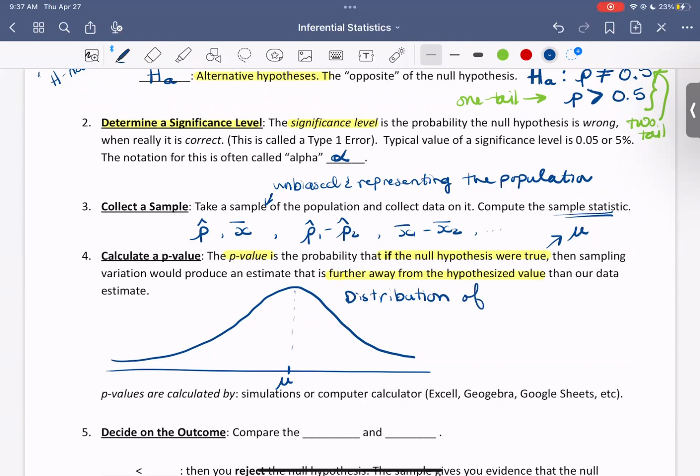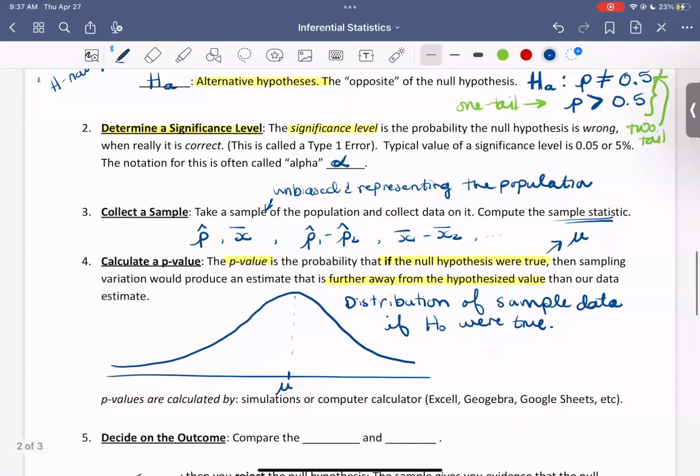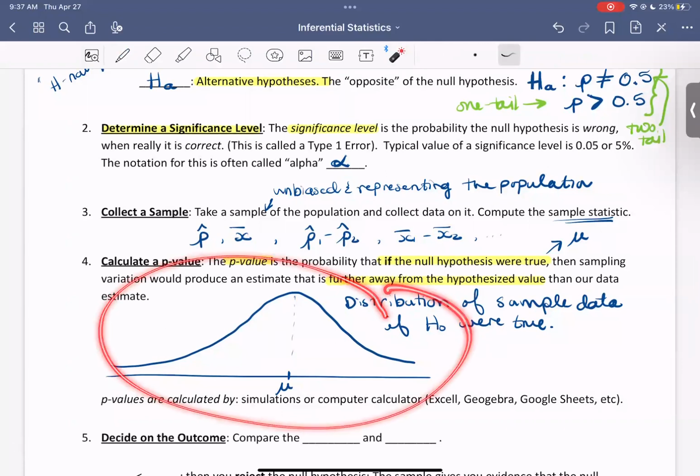This is a distribution of sample data if H0 were true. So we can actually draw these distributions starting with a hypothesized population mean. And how we do that is through simulation.